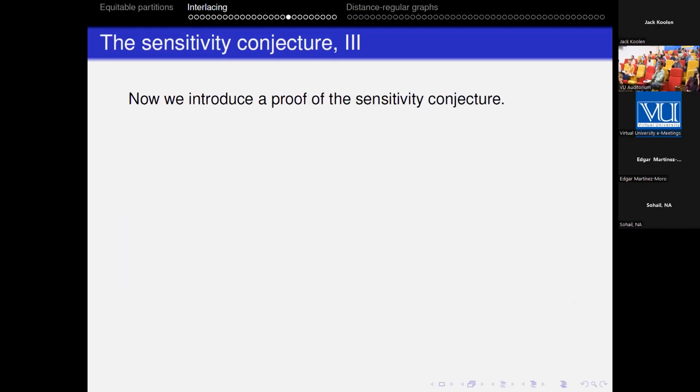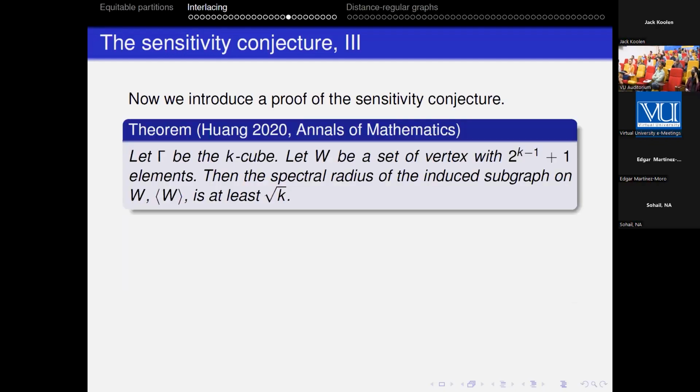So now we introduce a proof of the sensitivity conjecture, and this is due to Dr. Huang, and his paper is published in the Annals of Mathematics. So this is the theorem he showed. Let gamma be the k-cube, and let W be a set of vertices with 2^(k-1) plus 1 vertices, one more than half.